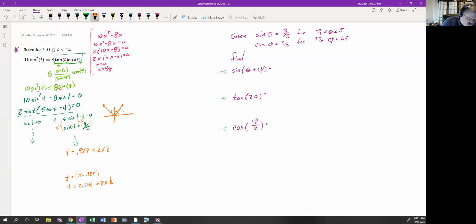But because there's no phase shift or compression factor, and we're looking for an answer between 0 and 2 pi, here we're just going to get that t equals 0.927 and 2.214. And just real quick, since we're already here, sine is equal to 0 at 0 and at pi. So we could just add 0 and pi there, and we'd have the solutions for that as well, if we wanted to have the whole thing.